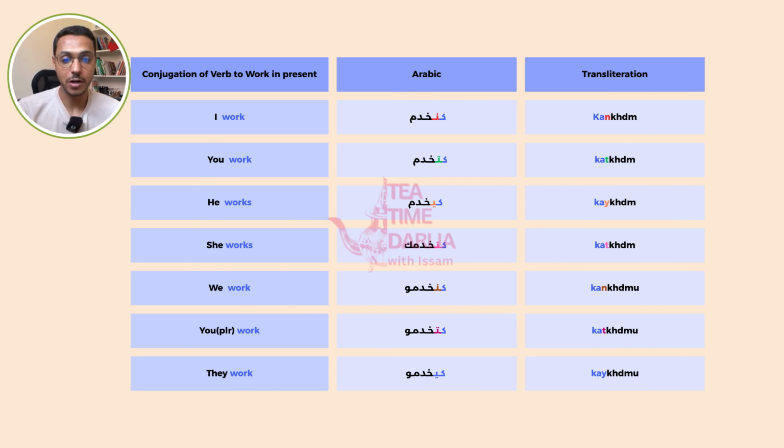You all work, ka تخدمو. They work, ka يخدمو. So as you can see, with all the pronouns, the verb starts with ka. That ka we're going to get rid of when it's preceded by khas.